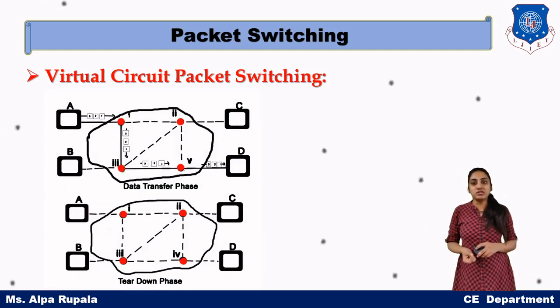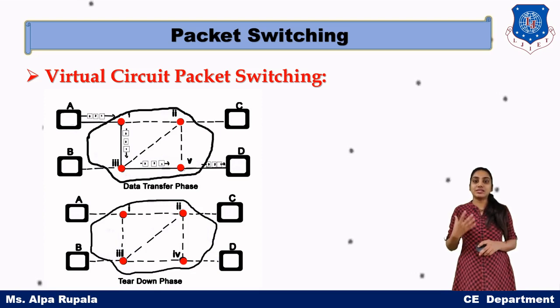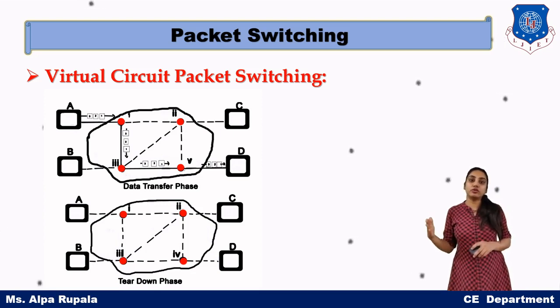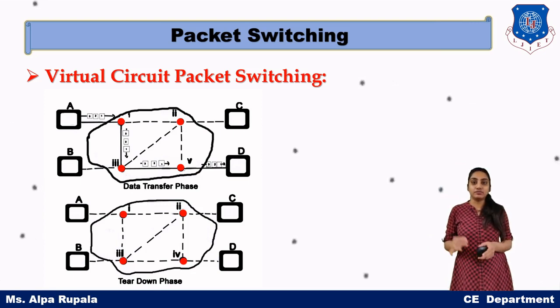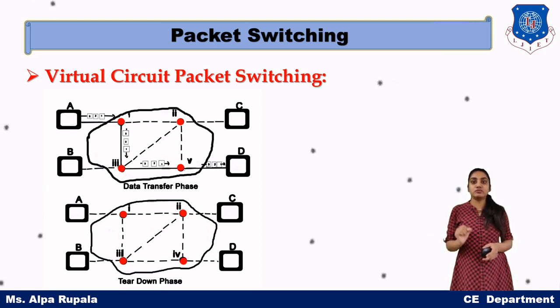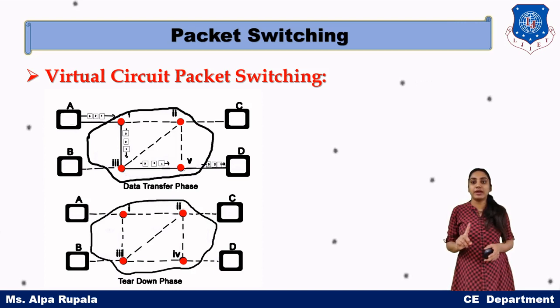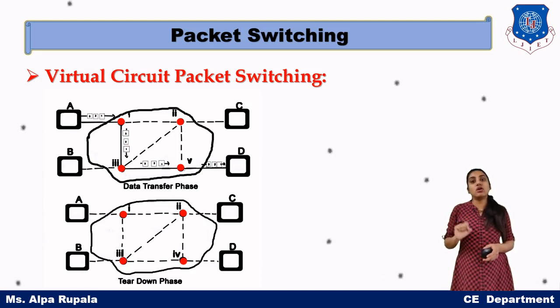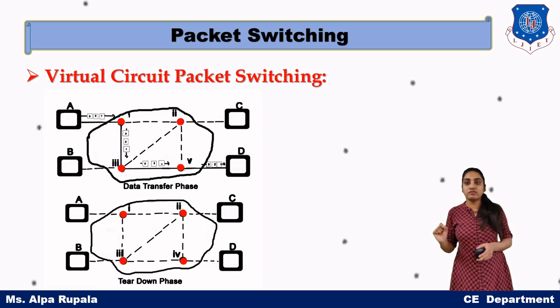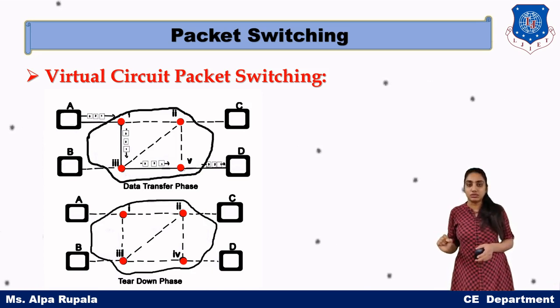In virtual circuit packet switching, we are not deciding on a dedicated path from the sender to the receiver, but we fix one path by one advertisement packet, or identification packet, from the sender to the receiver. The first packet will be the identification packet, which finds the route between sender and receiver. Now all the remaining packets will be transmitted from the sender to the receiver by that route only.